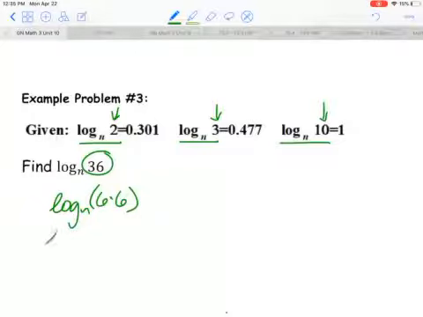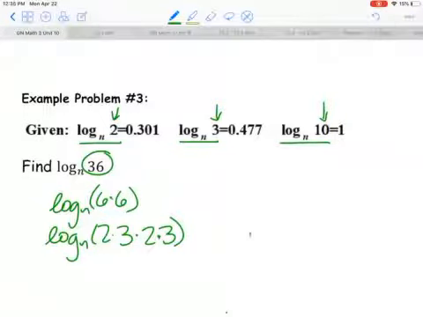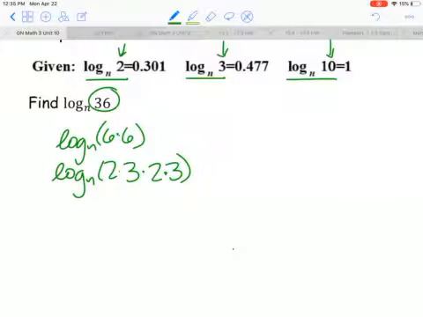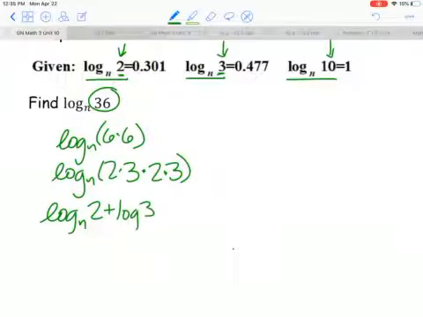And 6 times 6 is really 2 times 3, and 2 times 3. If you see all that, multiplying, now that we have 2's and 3's in there, no extra numbers, we can start expanding it. So log 2 plus log 3 plus log 2, plus log 3.